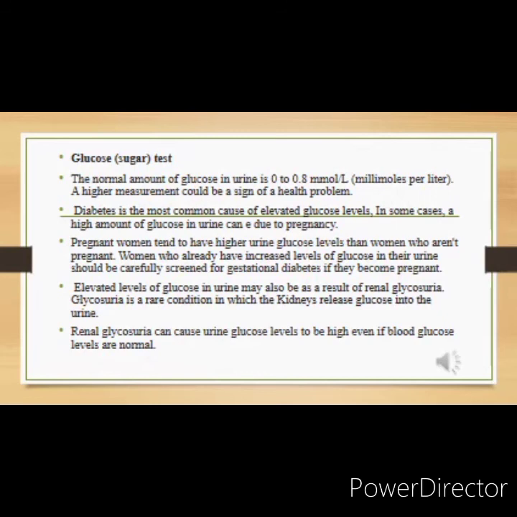Another condition associated with elevated levels of glucose in the urine is renal glycosuria. Renal glycosuria is a rare condition in which the kidneys release glucose in the urine. It can cause urine glucose levels to be high even if blood glucose levels are normal.